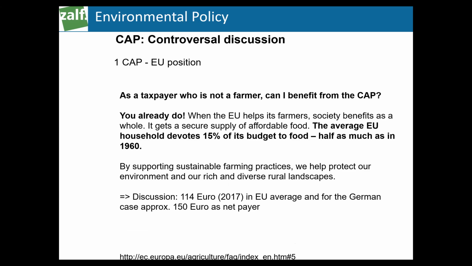On average, in Germany, one pays 150 euro, but it depends. Some pay maybe 300-400, others pay a lot less. But 150 euro as a taxpayer is something, you know.